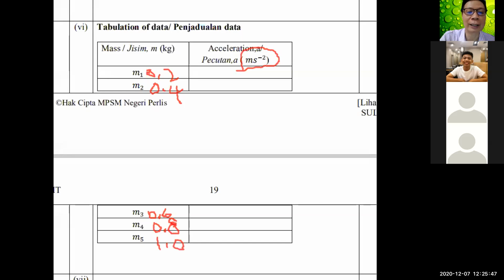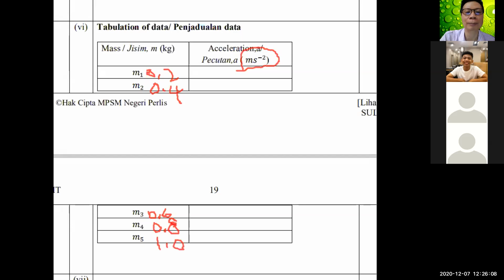Okay, let's have another one. Vanessa, mass against acceleration. Not correct. A against mass. Yes, Adi, you are correct.